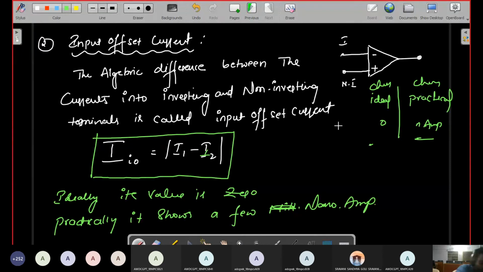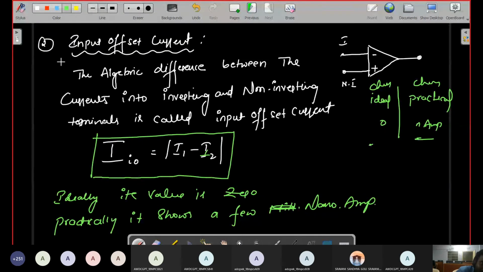We have one question here in our syllabus: write the ideal and practical characteristics of an operational amplifier. For that question, we use these definitions. You write all the definitions, and after that, for each definition you draw a chart of characteristics of ideal op amp and characteristics of practical op amp.